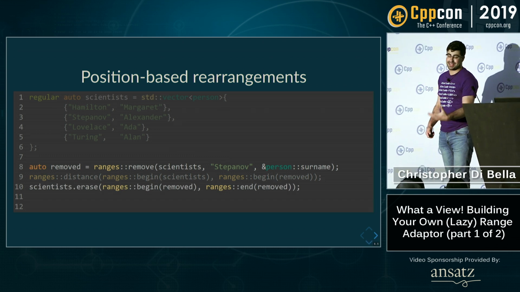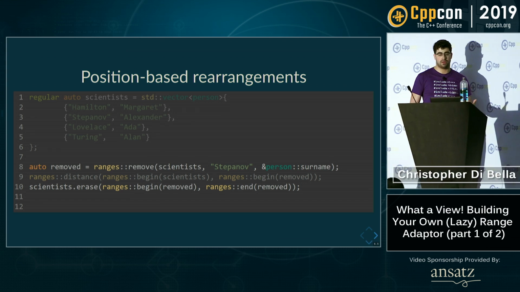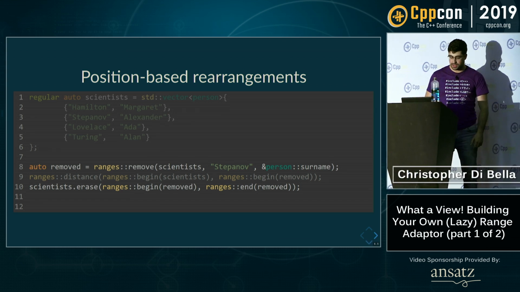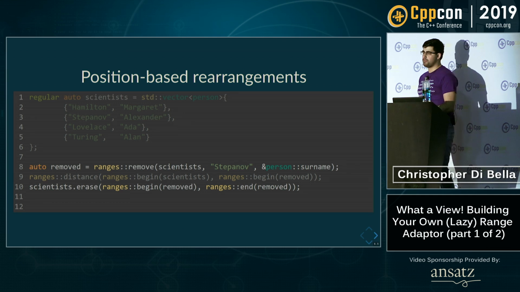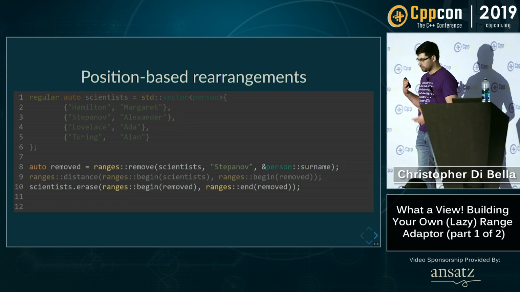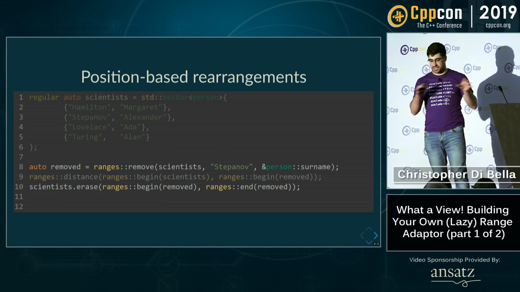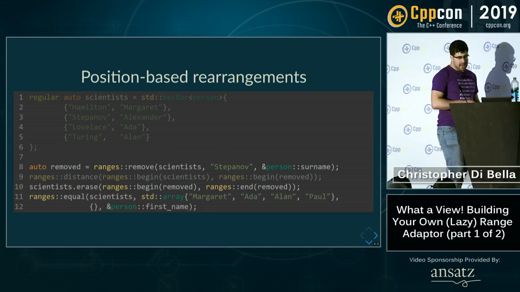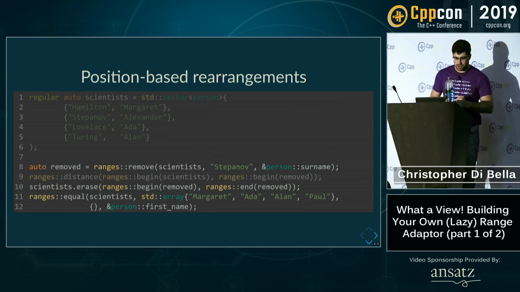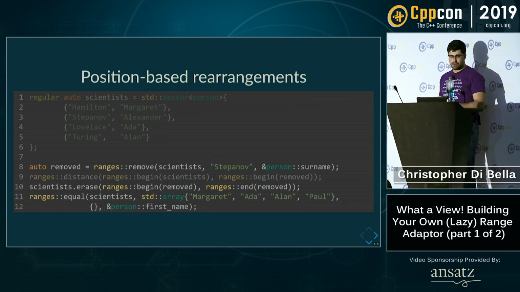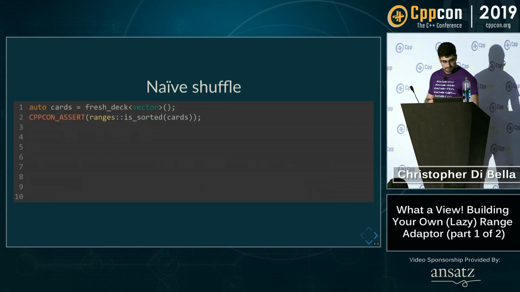But while this is a canonical usage of how we would use remove, it's not the only way. We can also copy them from a particular range to another range. So we can copy one range into this as well. And so now we were able to check that it's different.